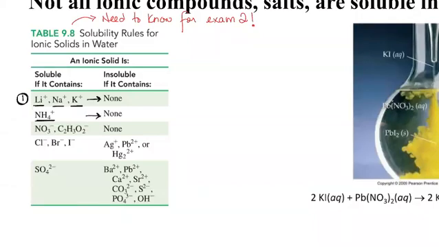So when those cations, lithium, sodium, potassium, or ammonium, are present in a chemical formula, it doesn't matter what is attached to them. They are going to be soluble in water. If something is soluble in water, that's what we assign the symbol AQ. And remember that AQ means aqueous.